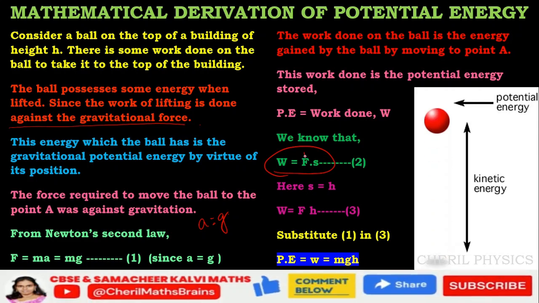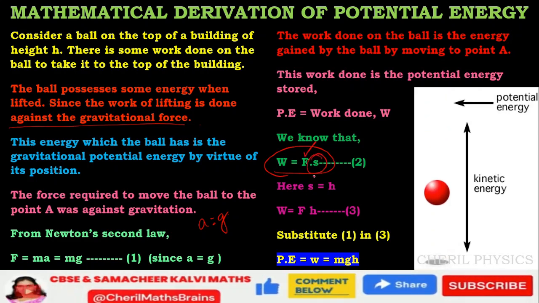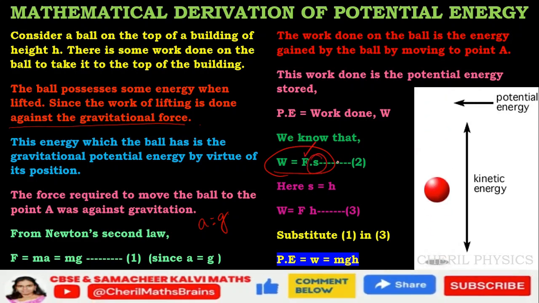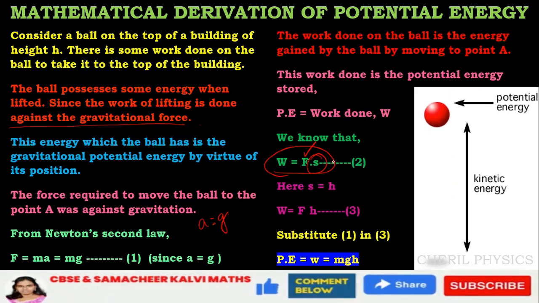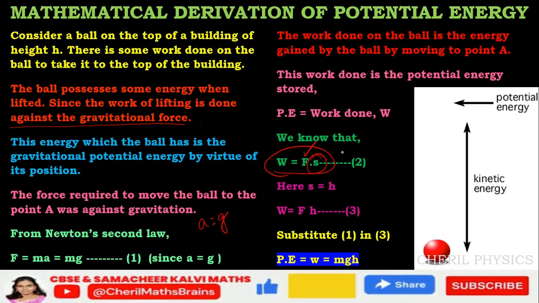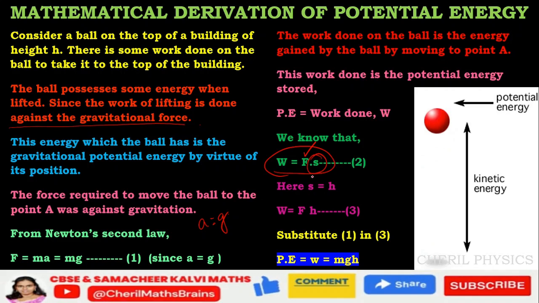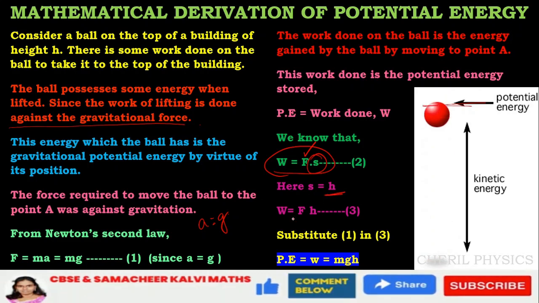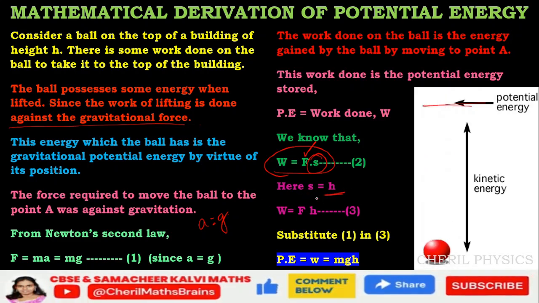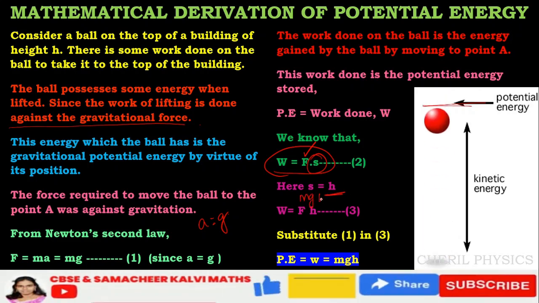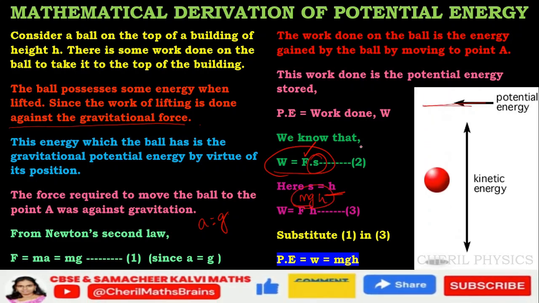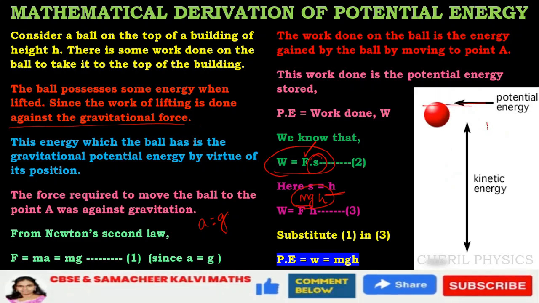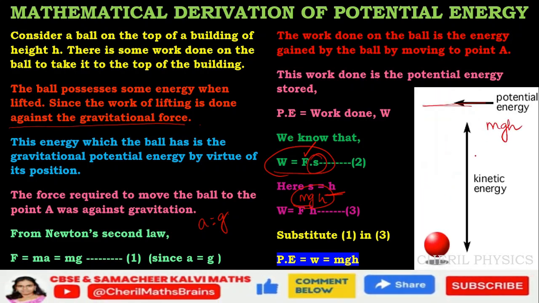Here we have found F. Now what is s? s is the height it has traveled through, and the height which it can again travel back. What height can it travel now? At this particular height, it can again travel this entire height, that is h. So we have F as m into g, and then we have h. This mgh is the formula for potential energy. So for potential energy, it is going to be mgh.